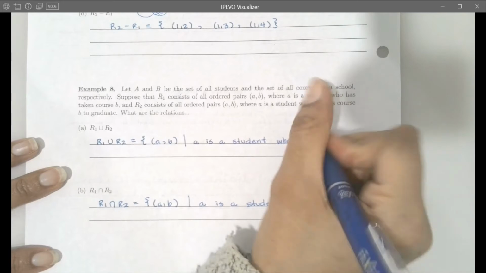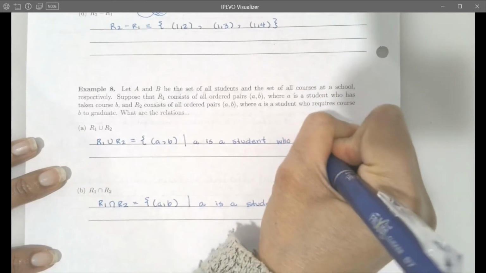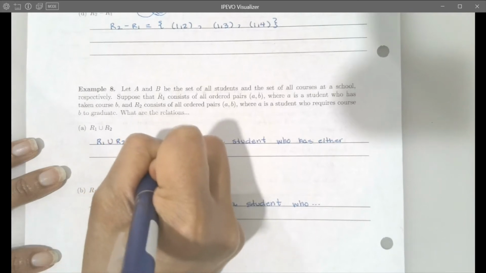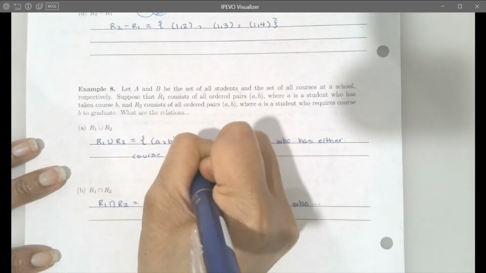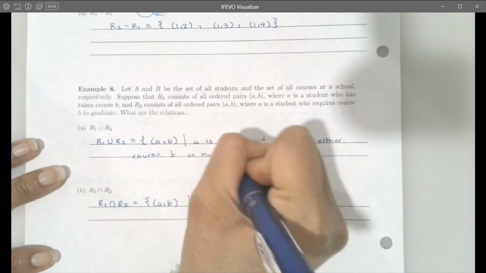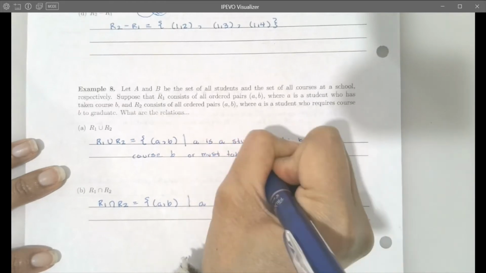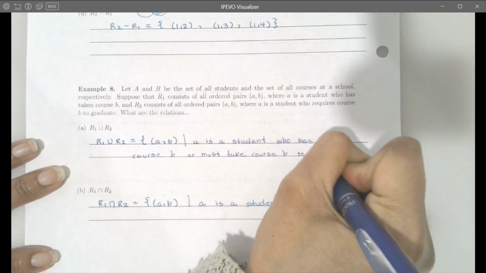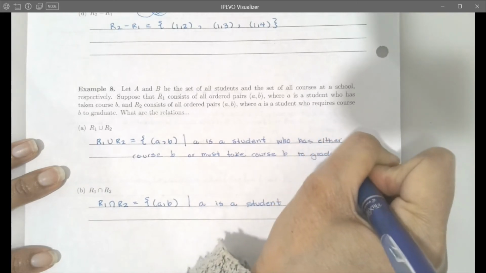So where A is a student who has either taken course B or must take course B to graduate, or both.